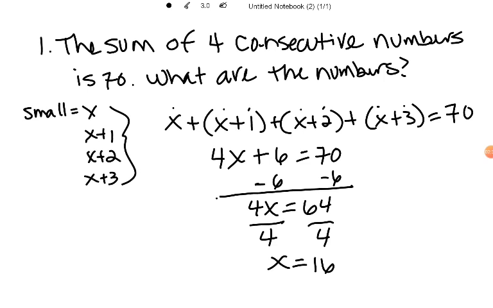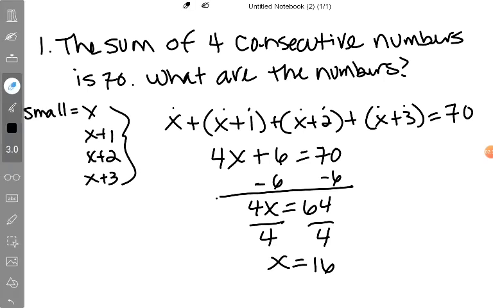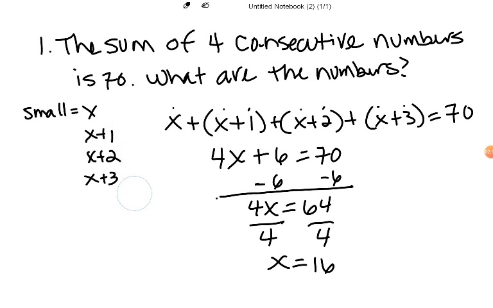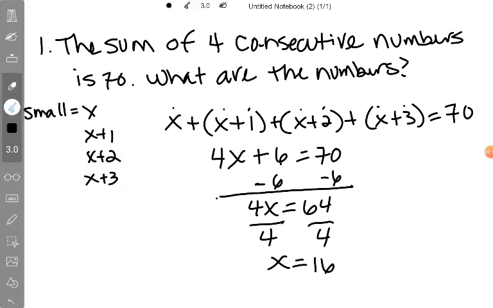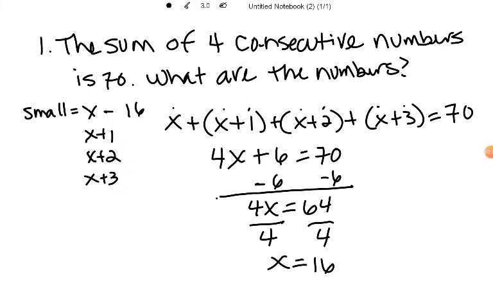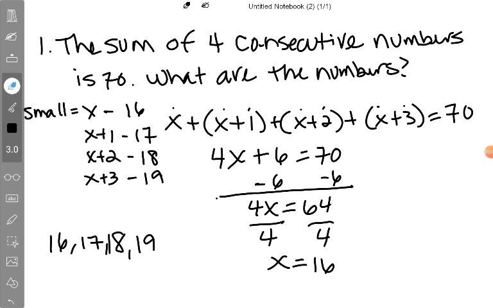So if we know x equals 16, 16 plus 1 is 17, 16 plus 2 is 18, and 16 plus 3 is 19. So our 4 numbers are 16, 17, 18, and 19. That was number 1.